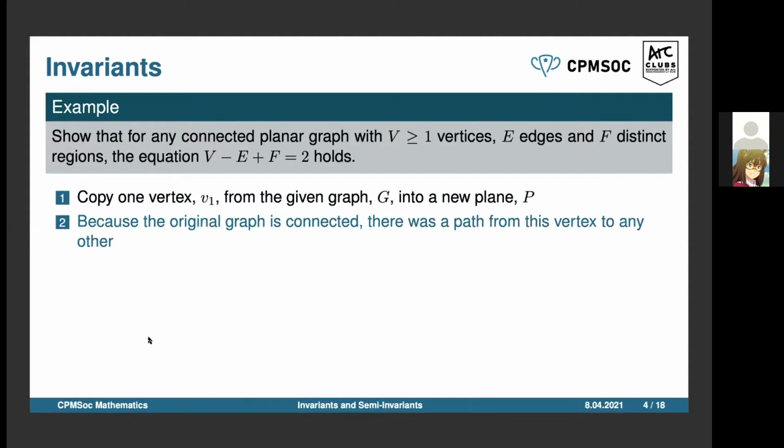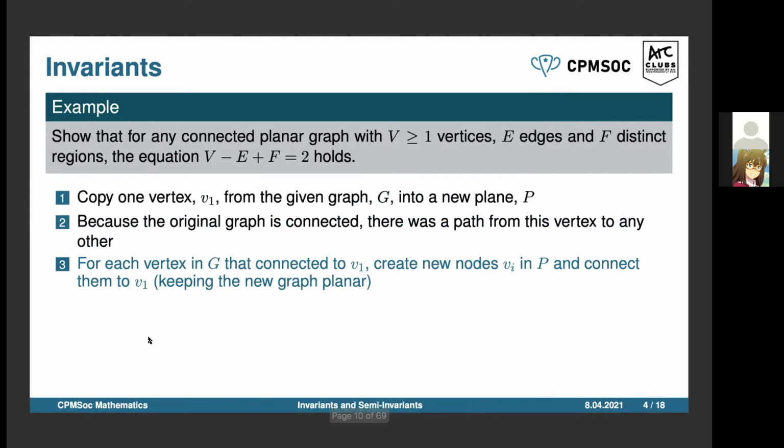Because the original graph is connected, which is part of the problem setup, from this one vertex that we're copying, we can get to any other vertex just by chaining on vertices to this first one. So we'll take V1 and create all the nodes around it that are connected to it in the original graph, and we'll draw connections to those.